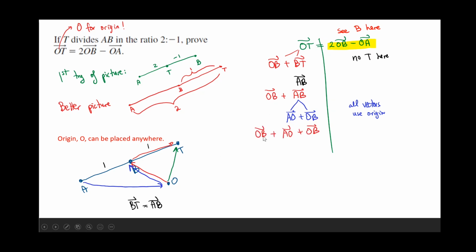Then rewriting it, we have some like terms. OB we can place together and collect them to make 2 of them, just like what we want. And this AO, if you change the order, you can change positive to a negative, and that gives you the proof that we wanted.